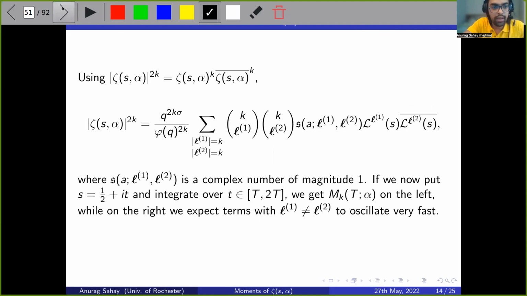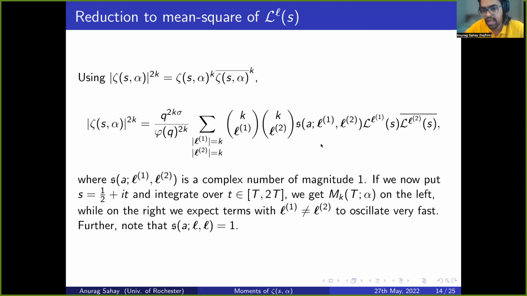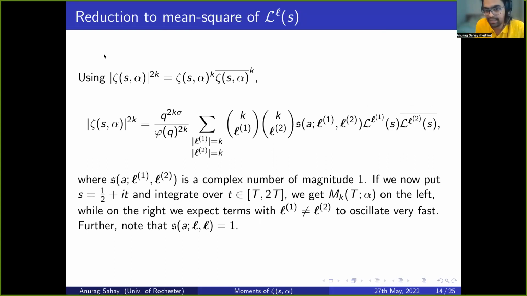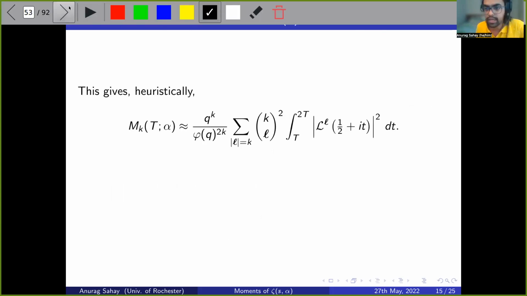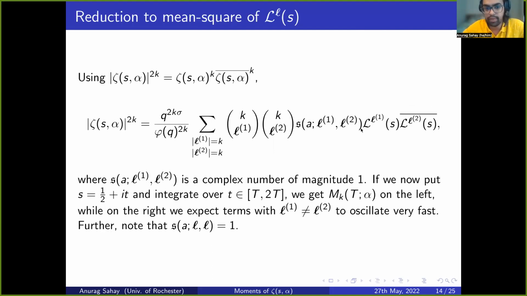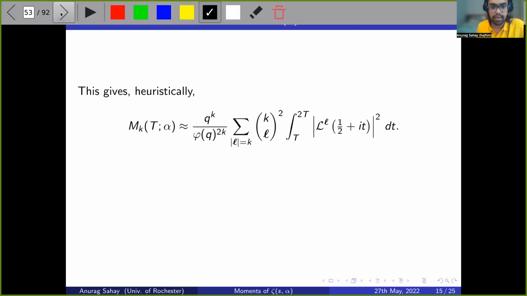If you also compute the sign, by going back to the last slide and seeing what the expression for s is, it's actually just 1 in this particular case. So all of that says heuristically that on integrating both sides, you can ignore the terms that come from anything which oscillates. And this is what you get.